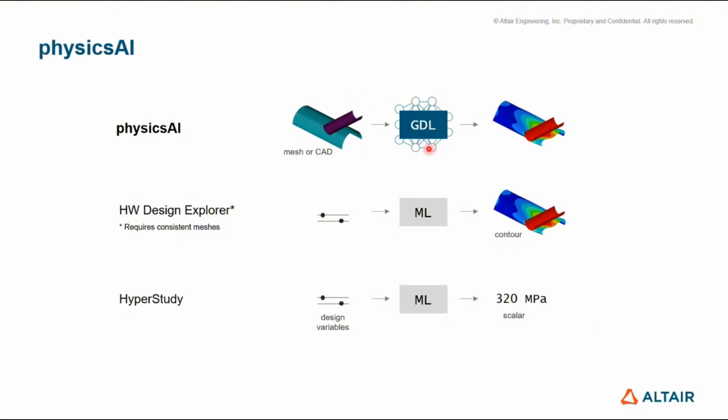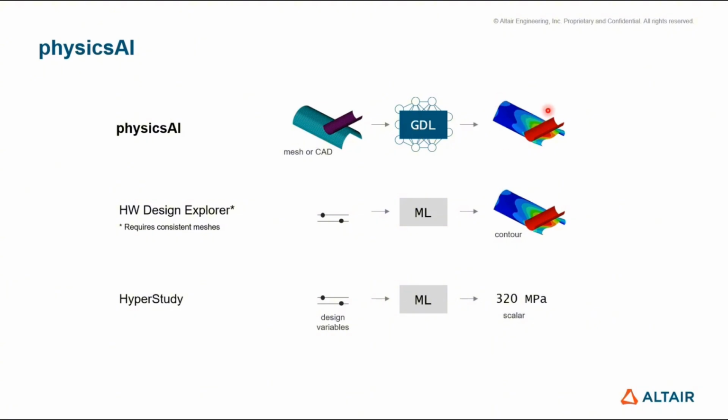And we actually use something called deep learning here, right? So compared to HyperStudy, which is using machine learning, in physicsAI we are using deep learning. Okay, so we call this deep learning model here geometric deep learning. Once the model is trained, we can use it to predict on results, right?